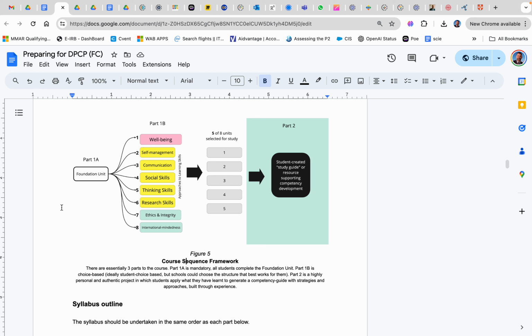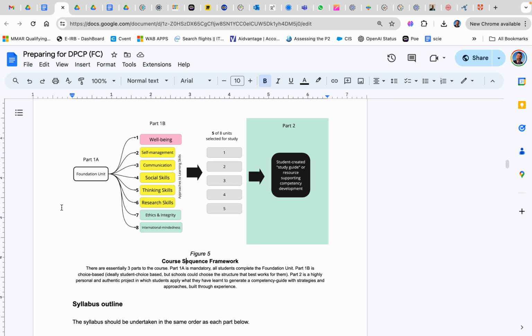After they've gone through those, in this case maybe 5 out of the 8 units, they are involved in creating some authentic project. It was imagined perhaps that's some kind of support guide to help them apply the competency development throughout the remainder of their DP or CP experience.